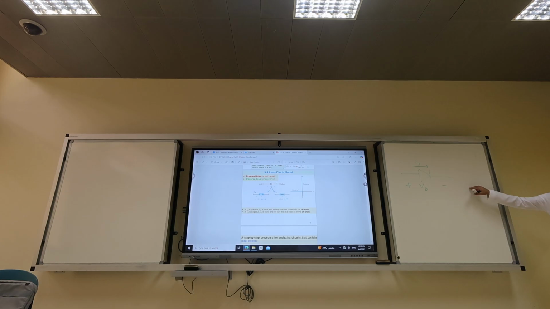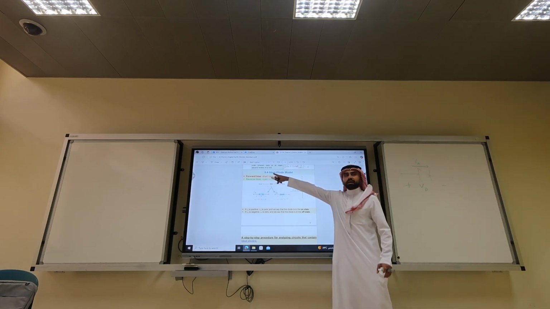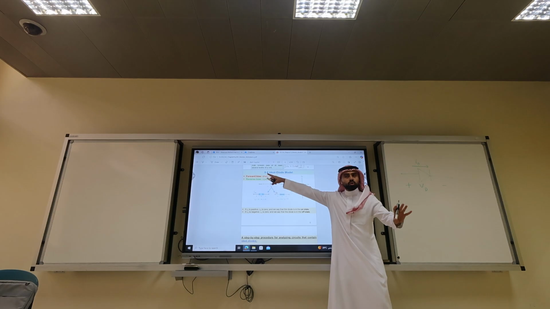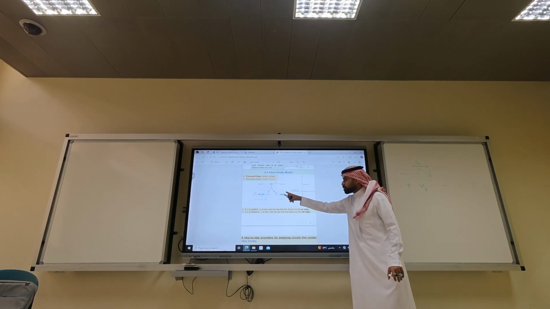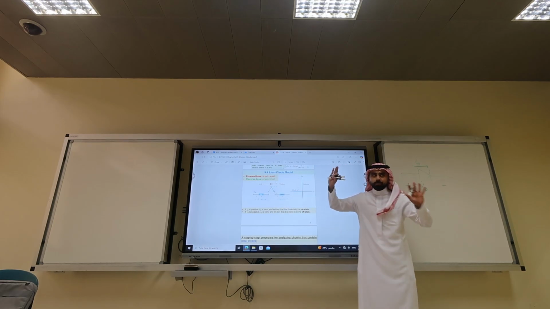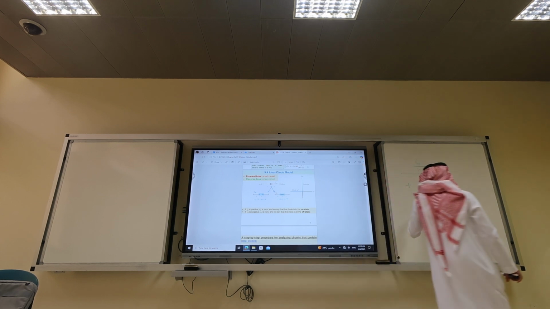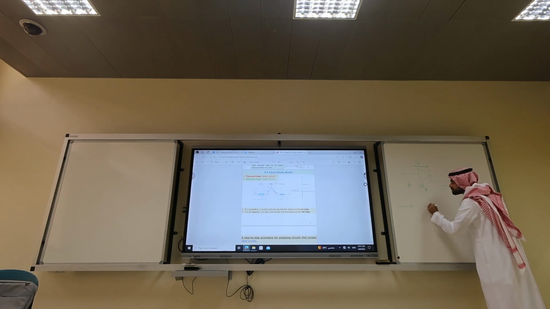Now, for the first time, a device can have two shapes in a circuit. In the ideal diode model, we only have either a short circuit or an open circuit. Let me repeat. For 9.4, the ideal diode should have only two shapes. Shape number 1, open circuit.